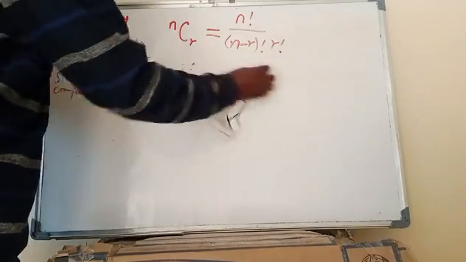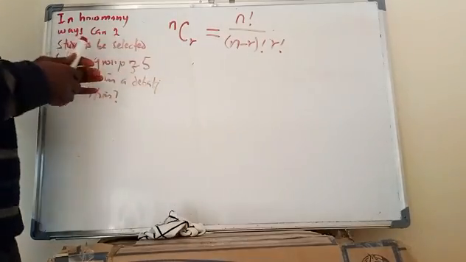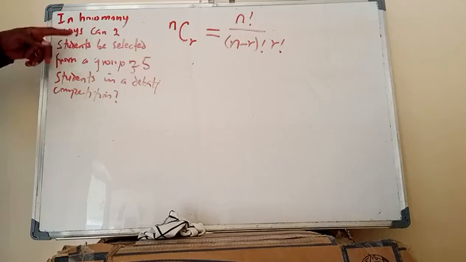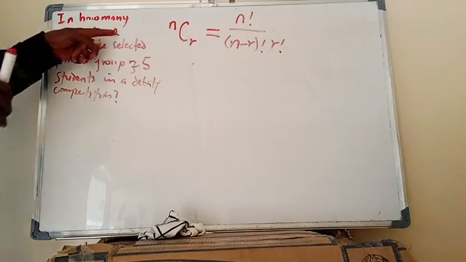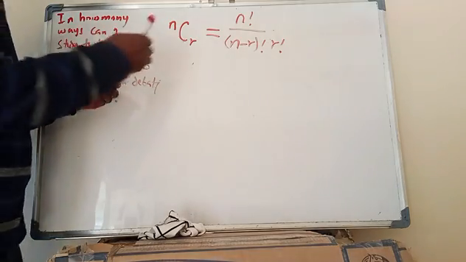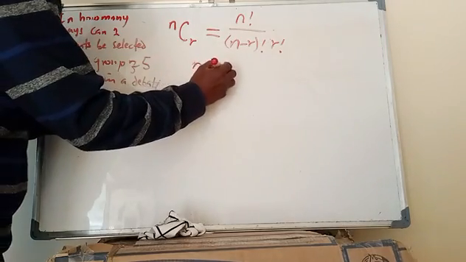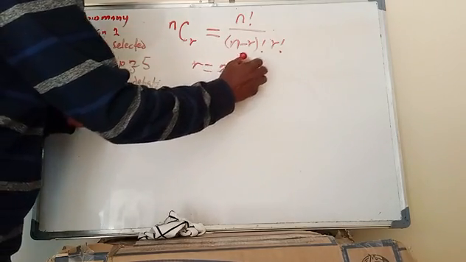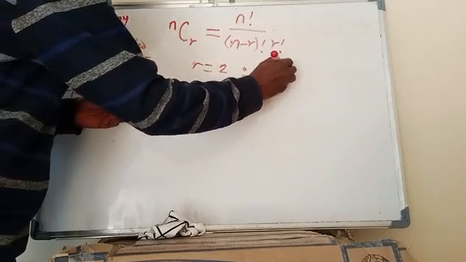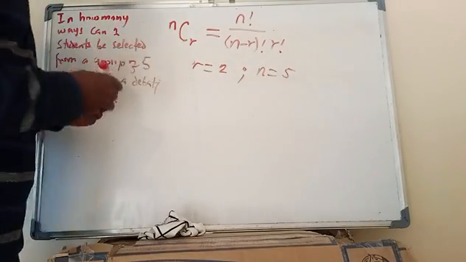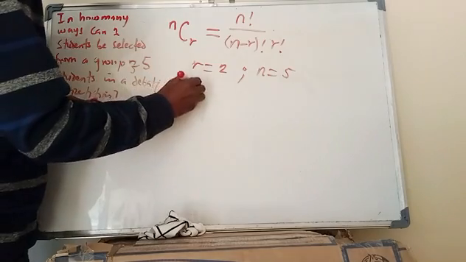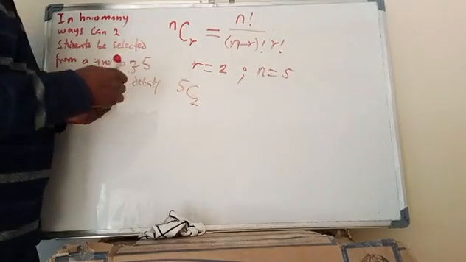So in this particular problem, our r is 2, because we are to select two students from a group of 5. So r is 2, then n is equal to 5, which means we're going to evaluate 5 combination 2.